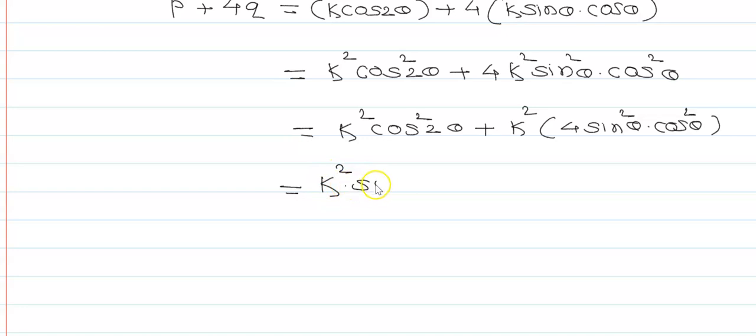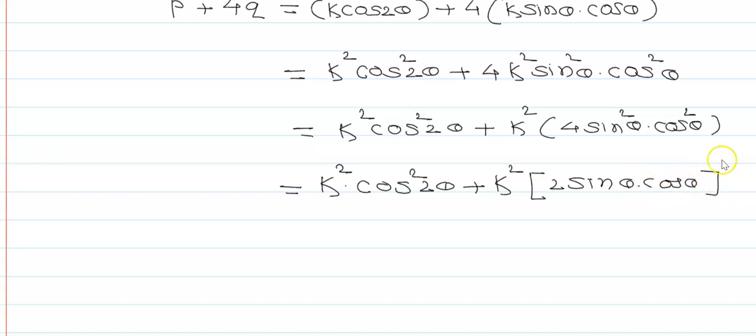Okay, and this can be again written as k square cos square 2 theta plus again k square in bracket 2 sin theta into cos theta, whole square, and that is equal to k square cos square 2 theta plus k square.